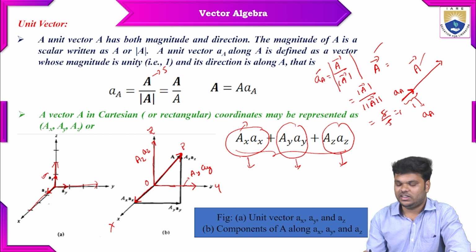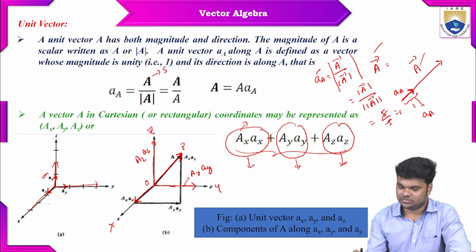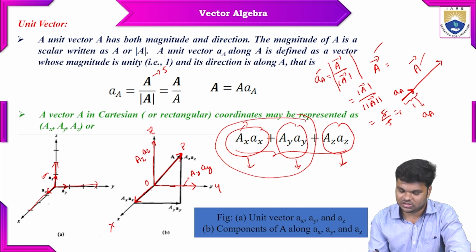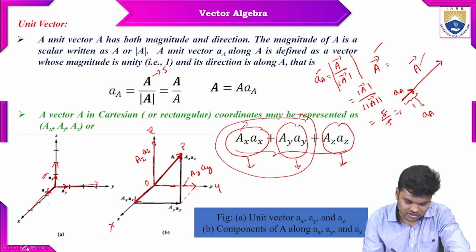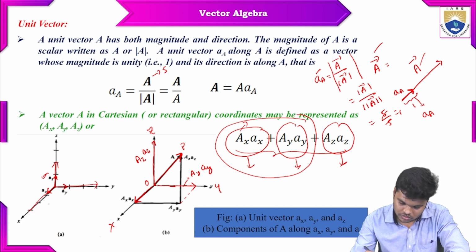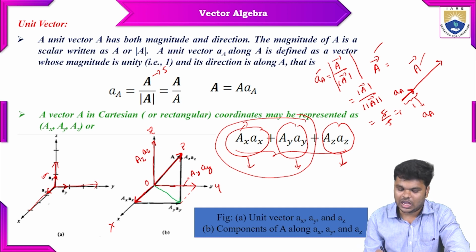Now how can I get vector A from these three vectors? If I add these two vectors, so this is one vector and this is one vector, the resultant of these two vectors will be like this. I will tell you why the resultant will be like this.